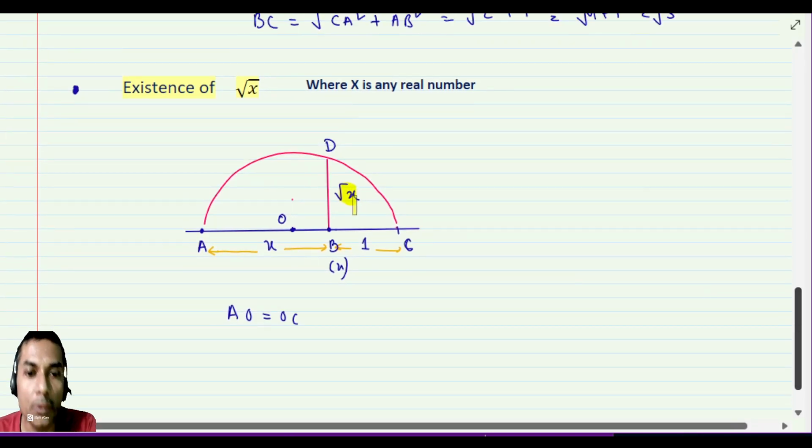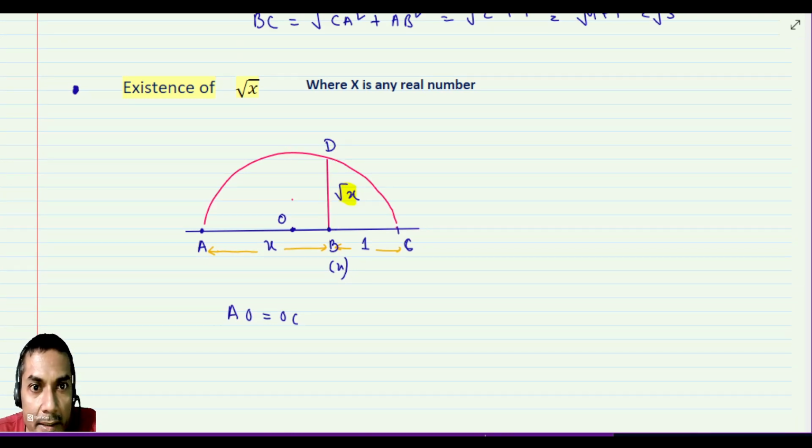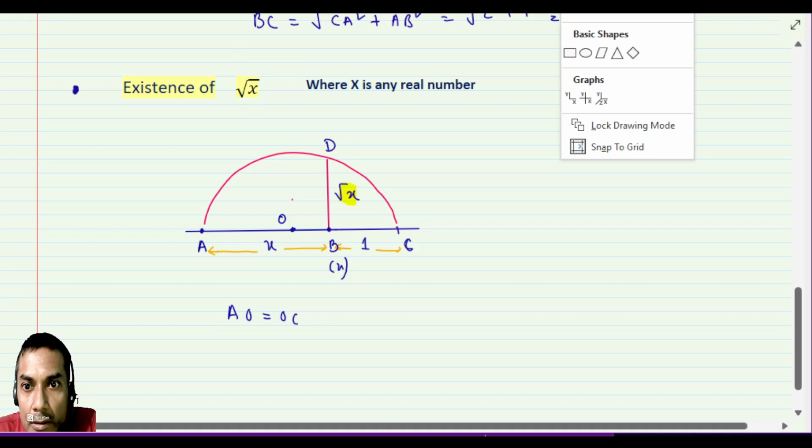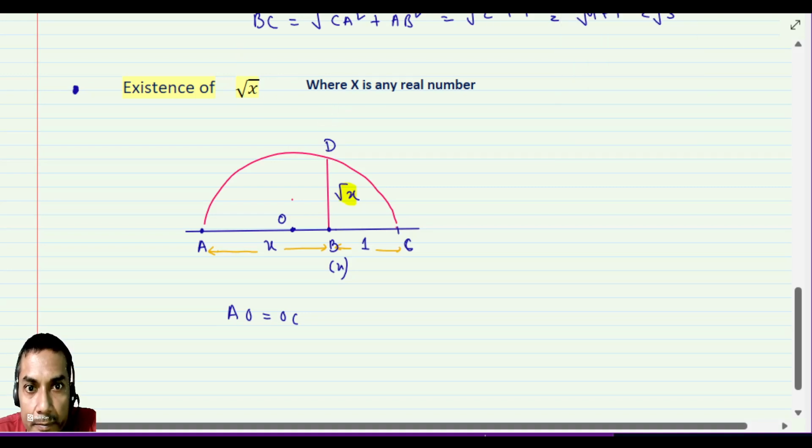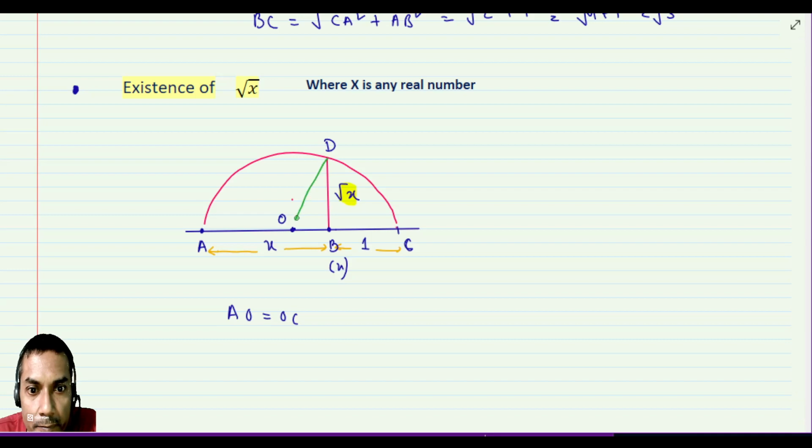So what you have to do? You just connect this line. You get this one triangle, a right angle triangle, correct?